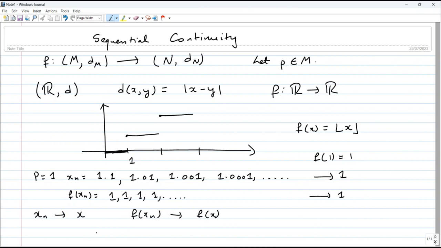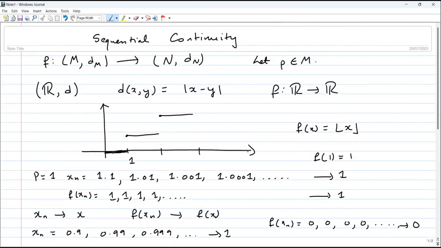Let's look at another example. If we let our sequence be 0.9, 0.99, 0.999, and so on, this sequence tends to 1 as well. But if we look at f of x_n, because of the floor function, it will be 0, 0, 0, 0, and that will tend towards 0. Here's the thing I want you to notice.